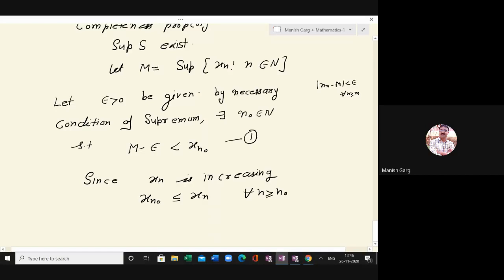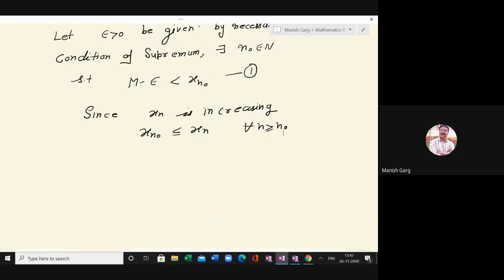This is the increasing property. Now I am writing a combined statement. From 1, M minus epsilon is less than Xn naught, which is also less than or equal to Xn, for all n greater than n naught.